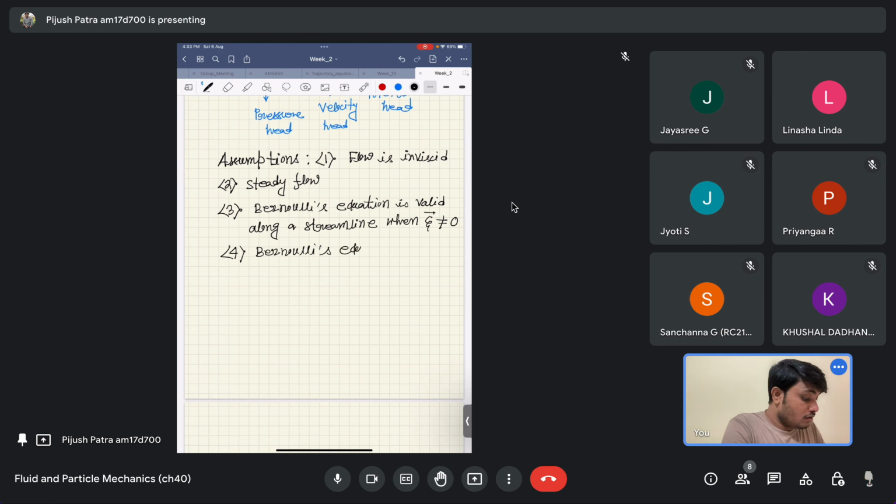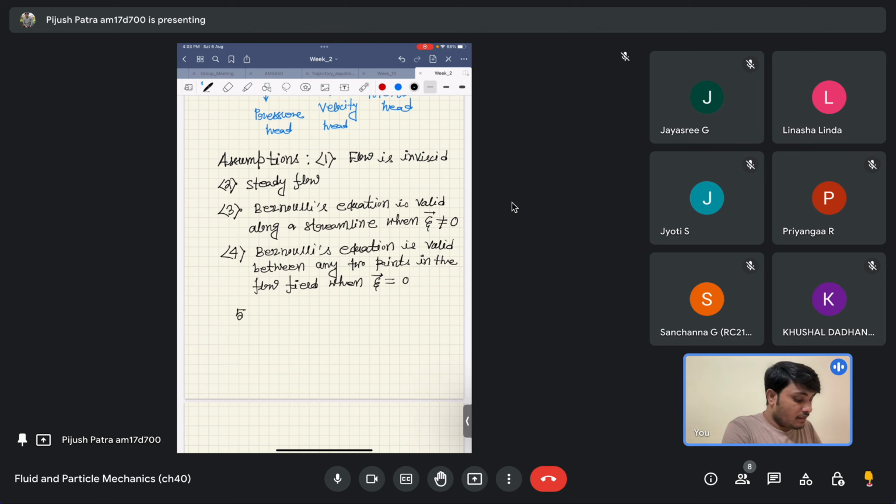Bernoulli's equation is valid between any two points in the flow field when this vorticity vector is 0.